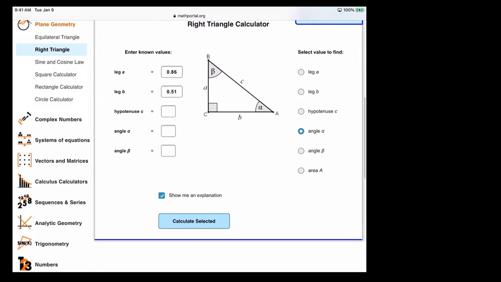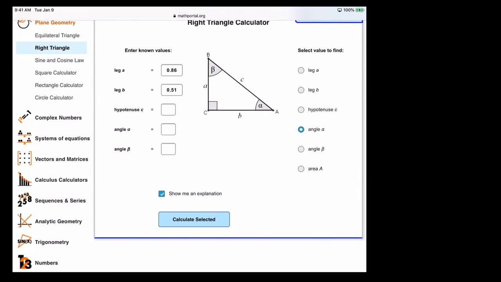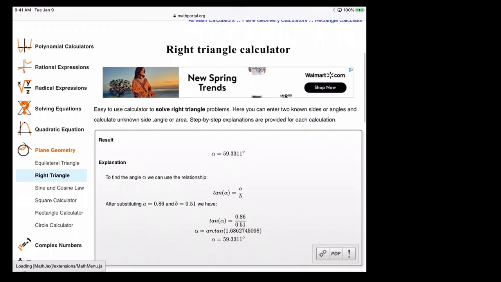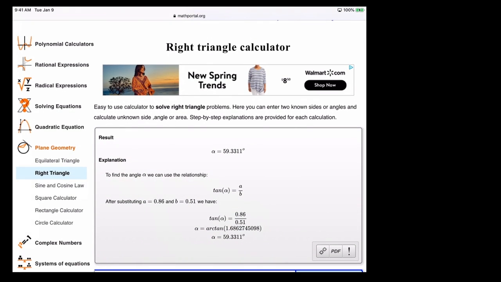Leg A, which is in the x-axis, will be 0.86, and leg B, which is in the z-axis, 0.51, and we're going to solve for angle A. Let's see what it comes up to. 59.33 degrees. Now let's compare that to reality.